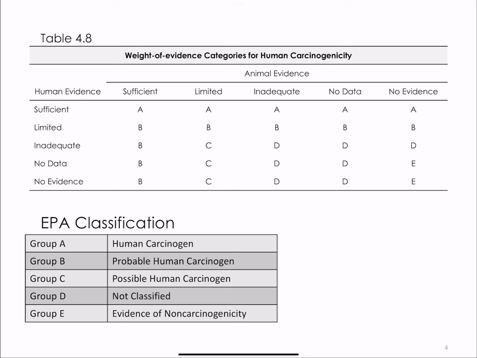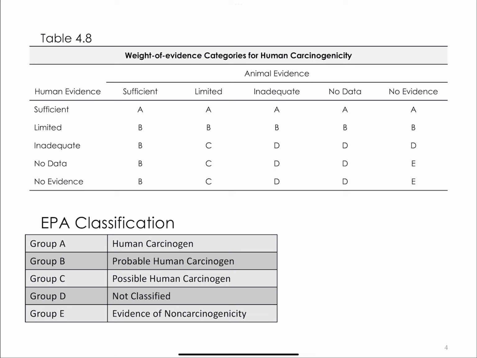According to the EPA classification, carcinogens can be classified into 5 groups. First, group A, a certain human carcinogen, 100%, right? Group B is a probable human carcinogen. Group C is a possible human carcinogen, group D is not classified, and group E means there's no possibility that this chemical can cause any cancer, right?